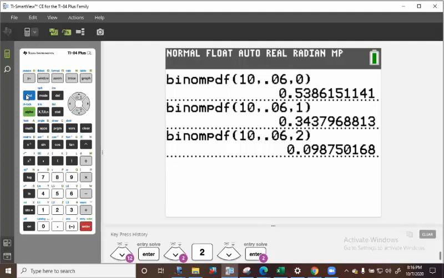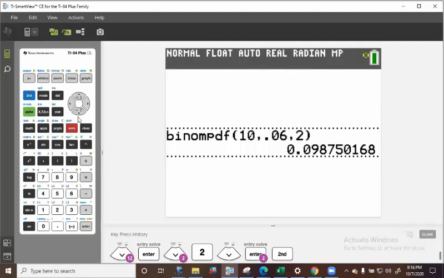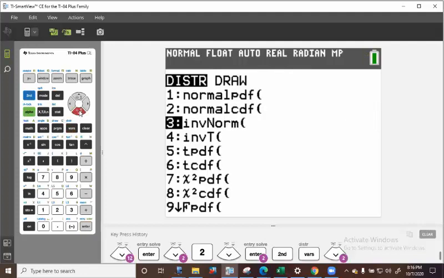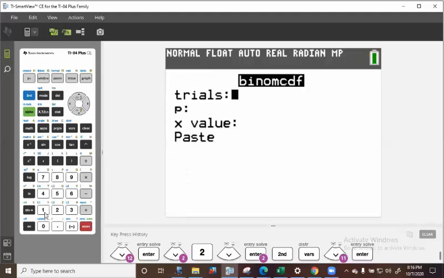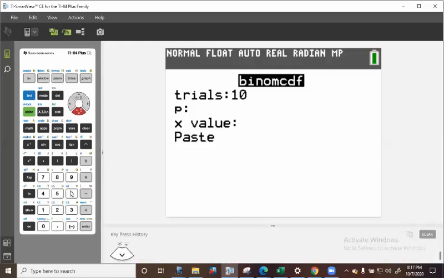Or if you think you're developing some sort of comfort level on that cumulative, because it's a less than or equal to, remember the cumulative is only a selective-use kind of thing here. 10.06. When you put the X value in, Binom PDF is only calculating that one X value, just 2. Cumulative means it's calculating less than or equal to 2 and adding them together.